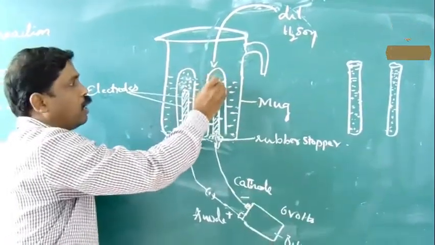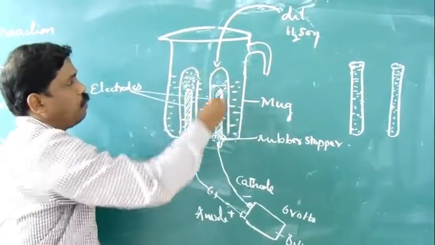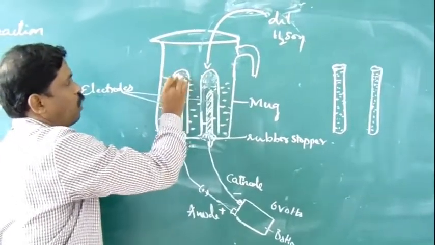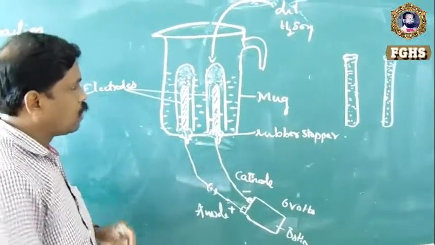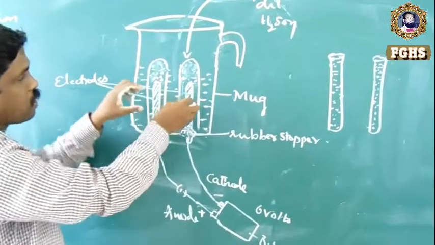That is why the water level is very low here and high there, because more gas is collected here and less gas is collected there.